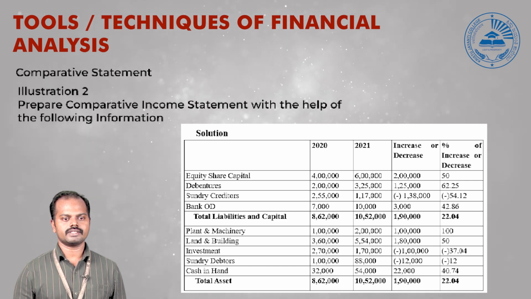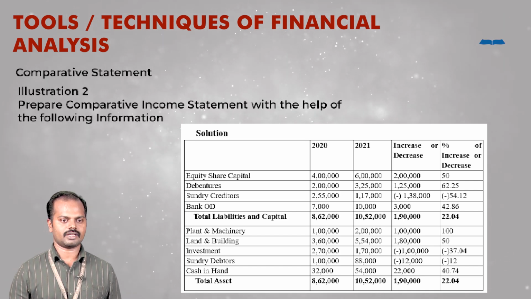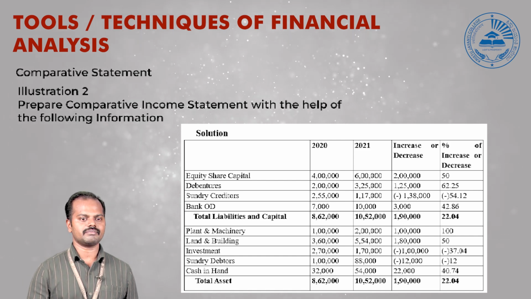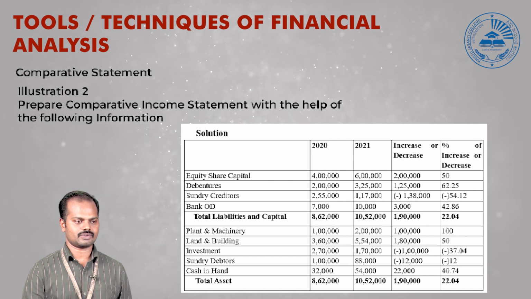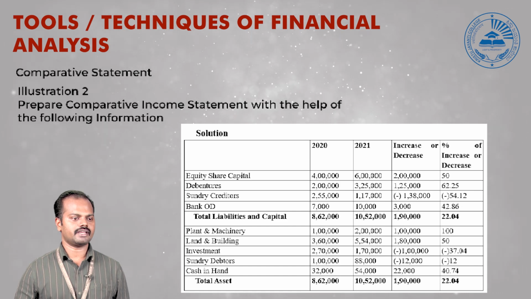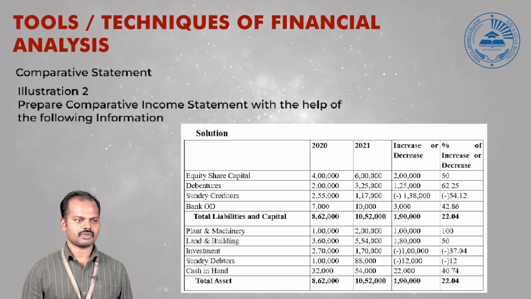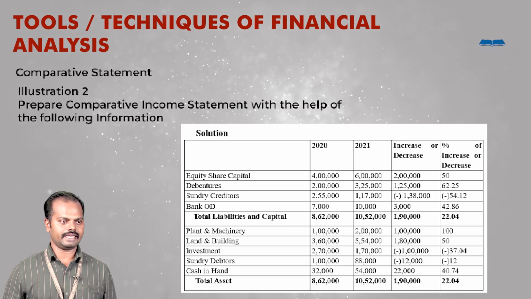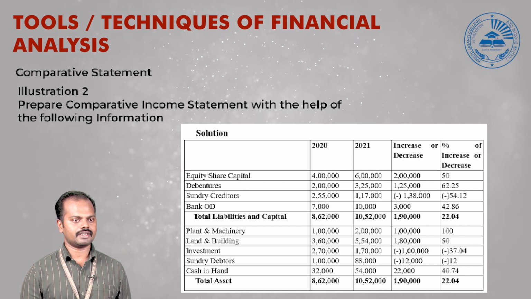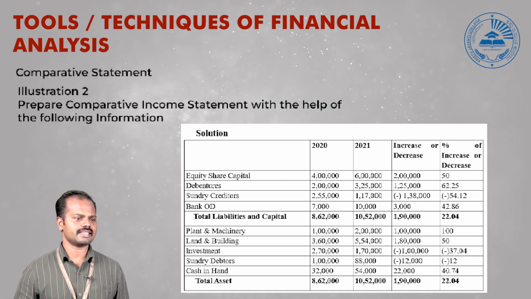That means in all the statements, all the increase percentages, equity share capital is an increase, and creditors are a decrease. So that means there is a favorable or efficient position in the organization. So equity share capital is an increase, but at the same time creditors have a minus figure, there is a decrease in that.